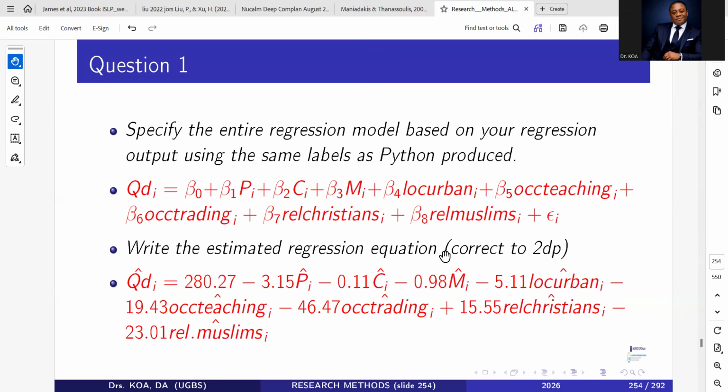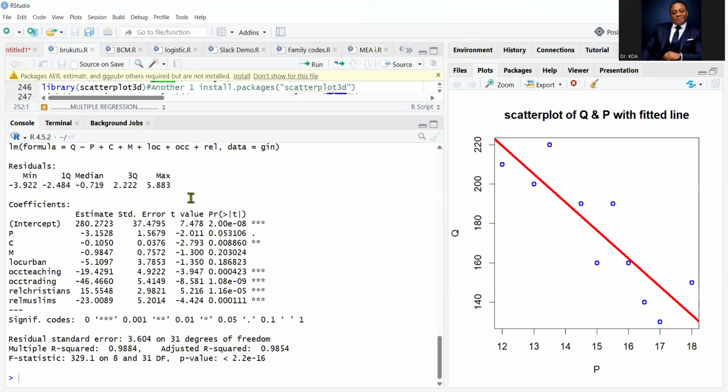So that's question 2. Let's go to question 3. The questions are all coming from these R results. Question 3 is: is a regression model well fitted?